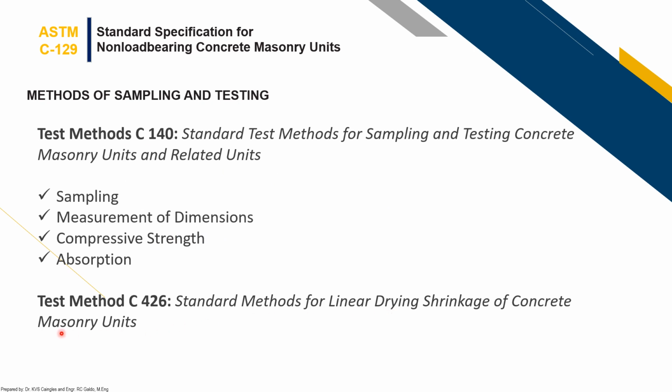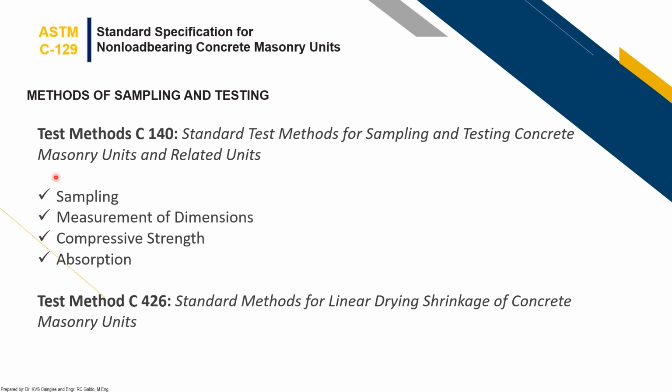So there are two common test methods also provided by ASTM as to the method of sampling and testing for our non-load bearing concrete masonry units. We have there the test method C140 and then test method C426. So all of these are provided by ASTM.